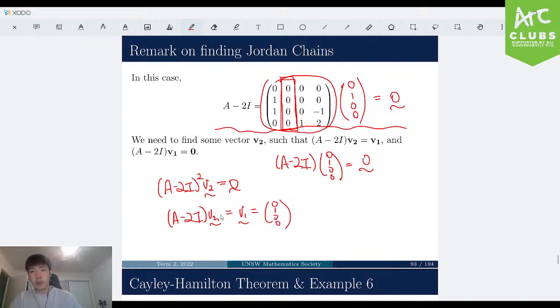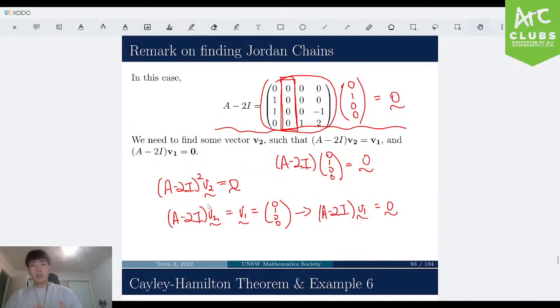Okay? So we want to find a v2 such that when we multiply it by A minus 2I, we get 0, 1, 0, 0, so that when we then go to the next step in the chain and apply it to v1, you will get this. Okay? So essentially, this is the chain.